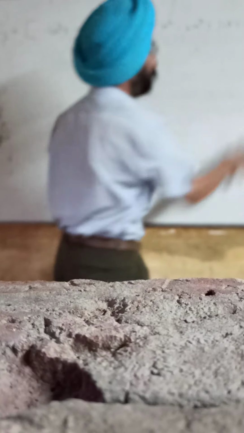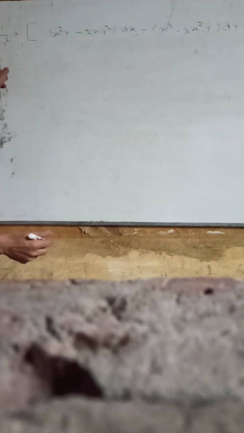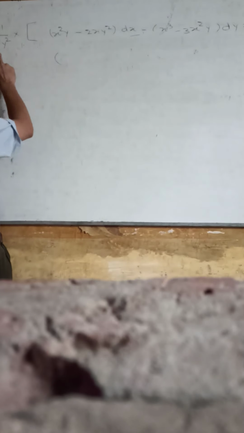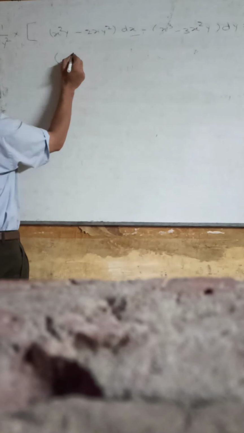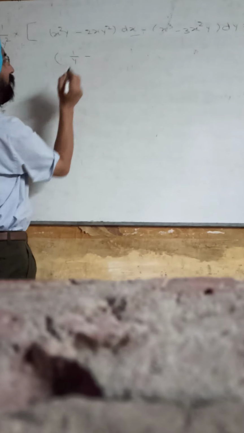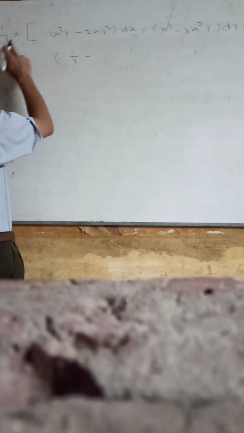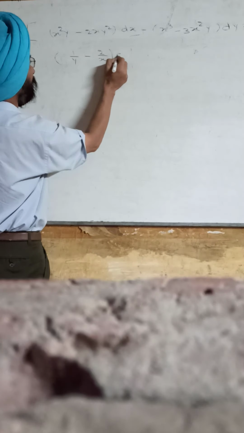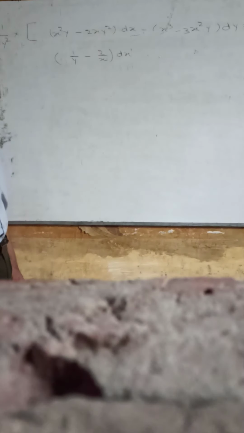Multiplying into the first bracket, we get x square y divided by x square y square, that means 1 upon y, minus 2xy square divided by x square y square is 2 upon x, dx.